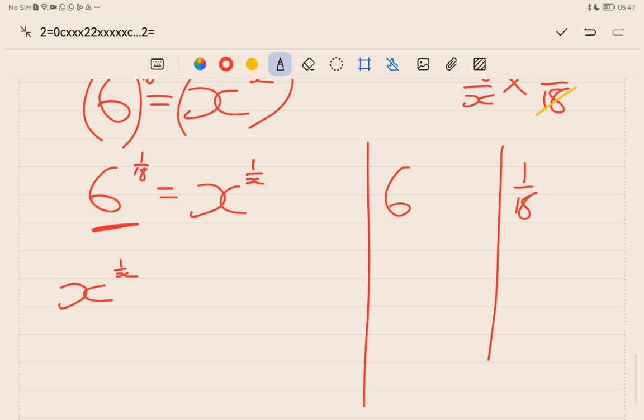That's the first thing I need to do. Let me start with 1. Exponent 1 gives you 6. Exponent 2 is 36. Exponent 3 is 216. Then let me just say exponent 4.